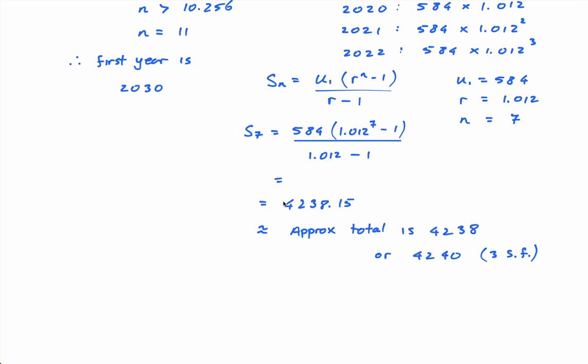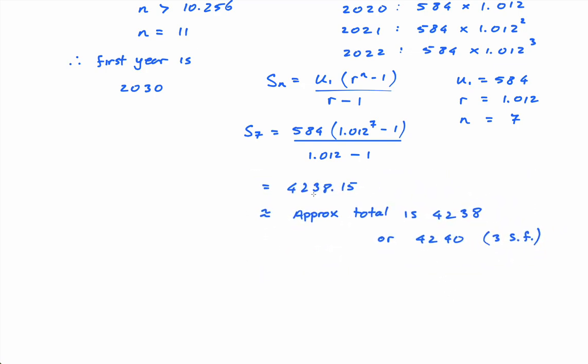So this is 4238.15, but we want to round to the nearest integer because we're dealing with people.